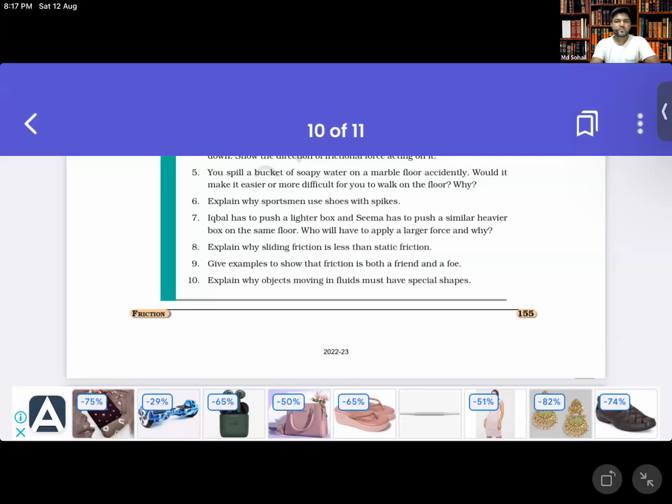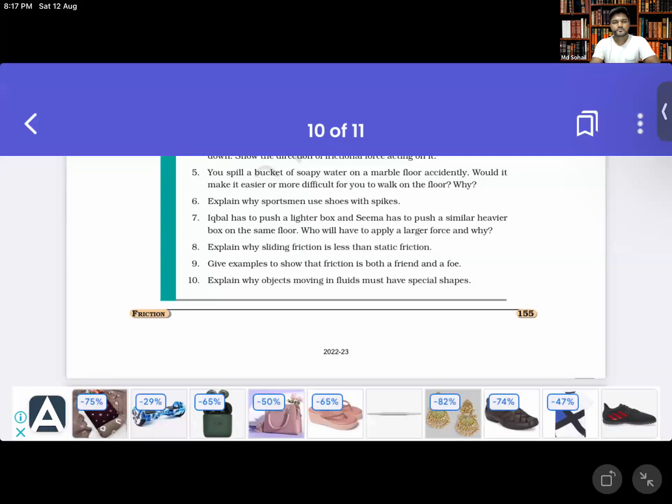One more thing can be added here: spikes increase the interlocking effect. Interlocking of the surfaces is increased here, right? That increases the friction and gives them a better grip. In fact, even if you try to walk using this shoe, it gives a better grip.